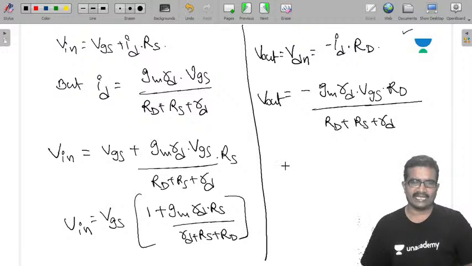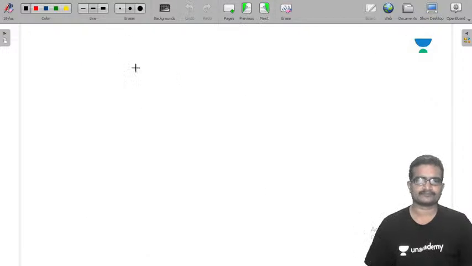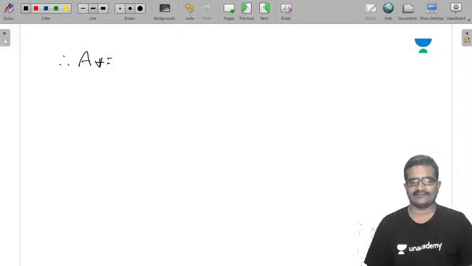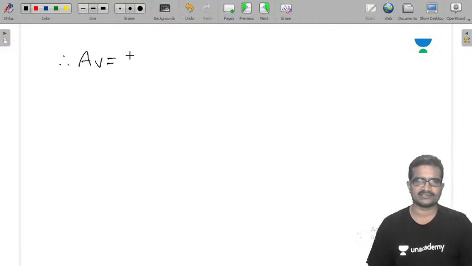Now gain is V output by V input. Therefore, voltage gain: current gain is infinity, input impedance is infinity, no need of it. We need just voltage gain and output impedance. Voltage gain is V output by V input.